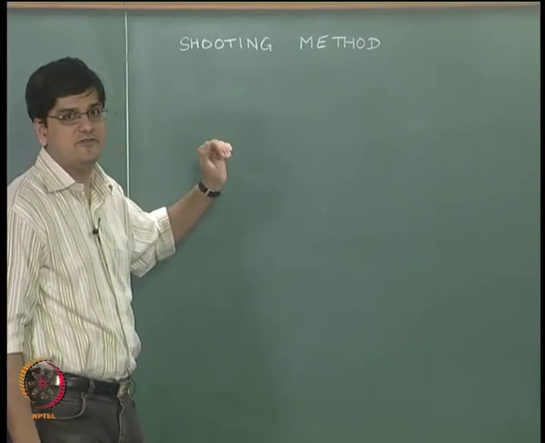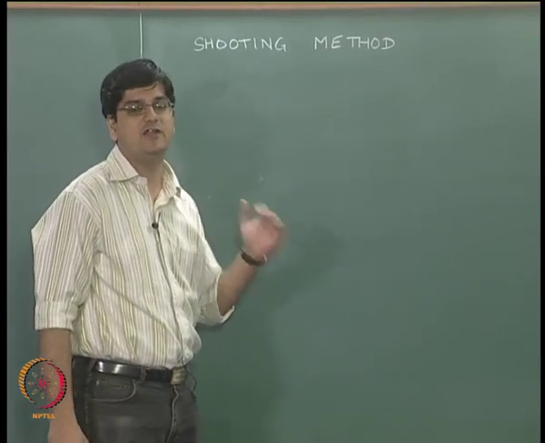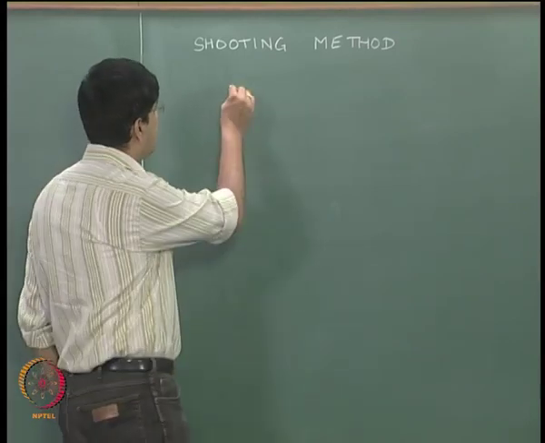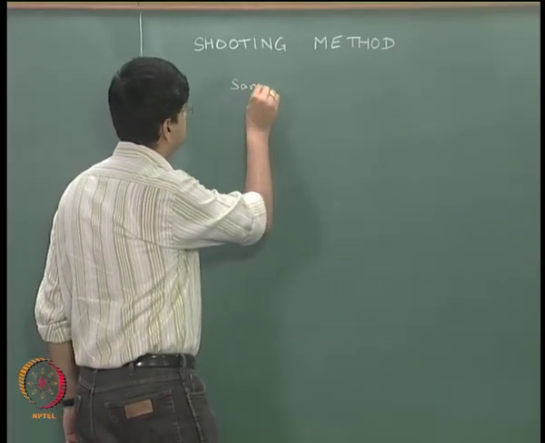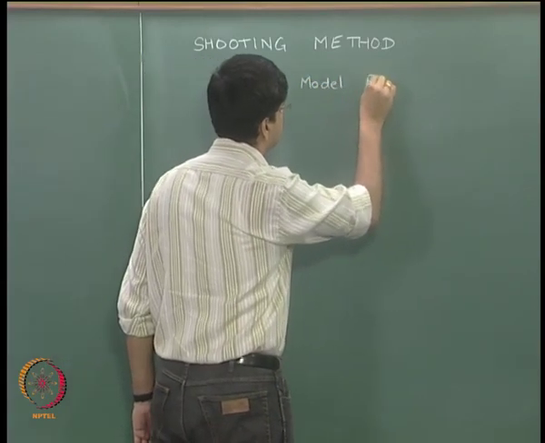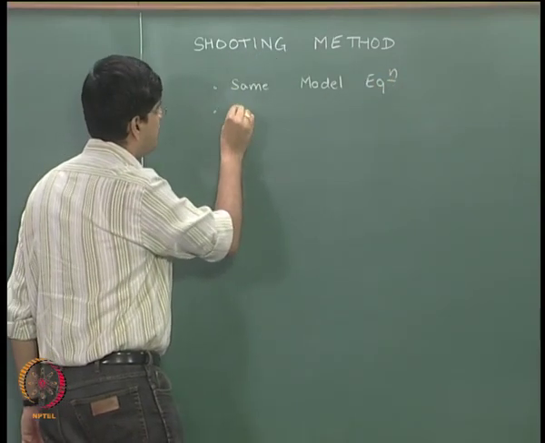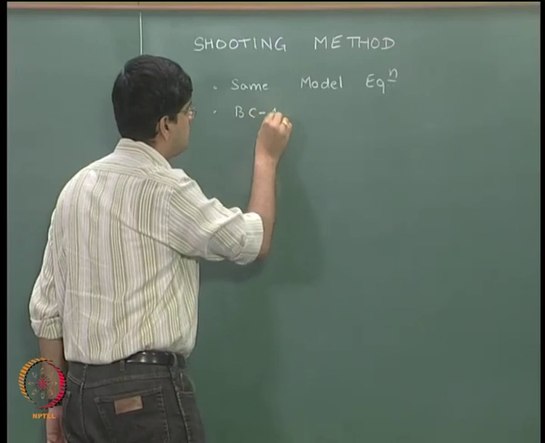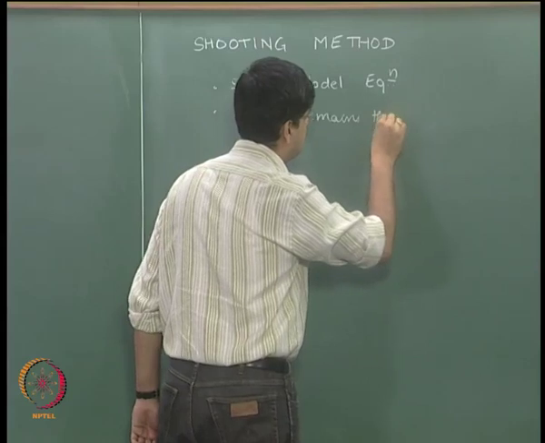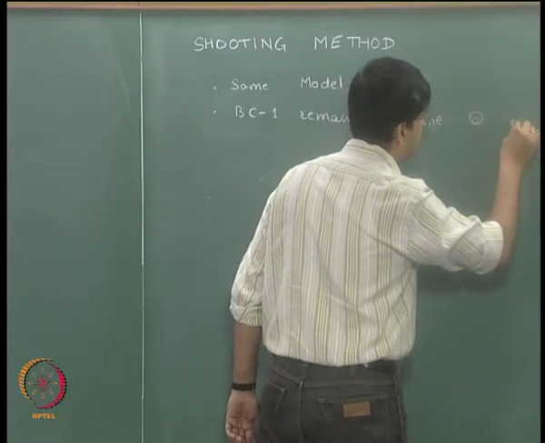That is the ODE that we will have, but instead of having the boundary conditions at two boundaries, we will have both the conditions specified at one single boundary. So we have the same model equation, and boundary condition 1 remains the same at x equal to a.